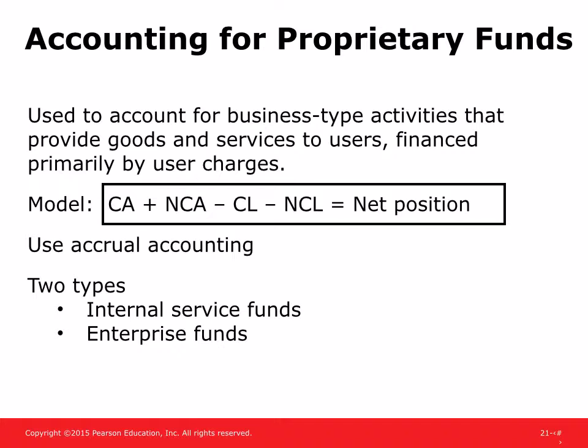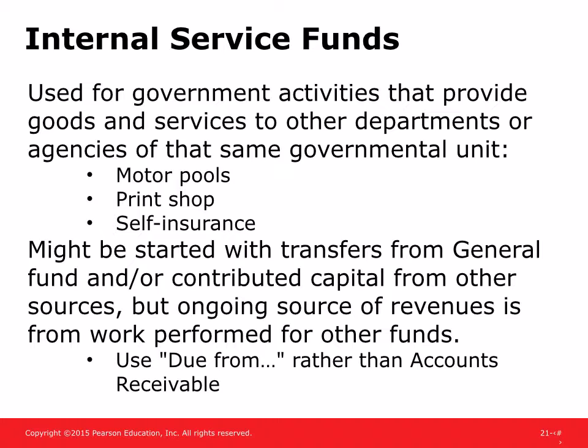And this type of accounting is done for internal service funds and enterprise funds. So again, these are the types of funds that operate closely like a business. And for the internal service funds, these generally are the motor pool department.